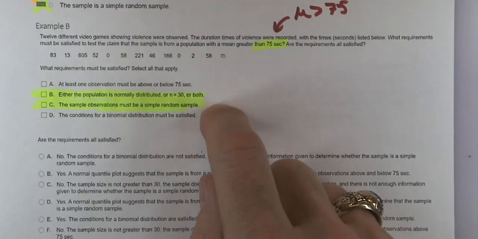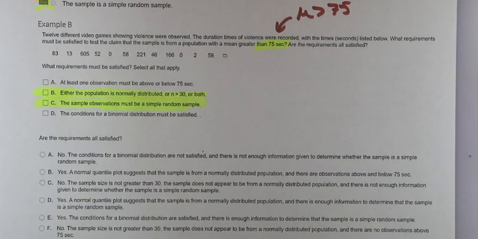There's two requirements that we really got to worry about. One's a simple random sample. The other one's a normally distributed population, or n is greater than 30. Do we need to count here? Can you kind of eyeball that we don't have 30 observations? So what's the other possibility? What has to be true then? Yeah, has to have a normal distribution.